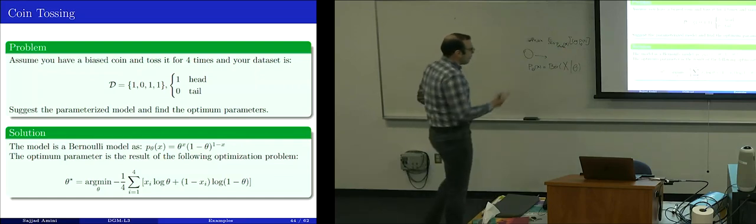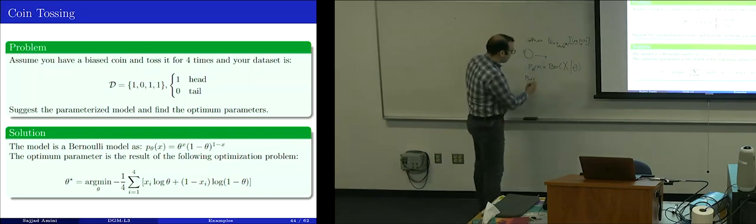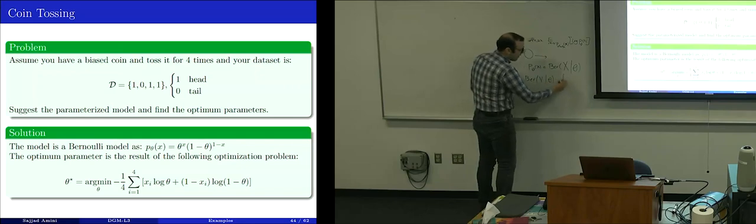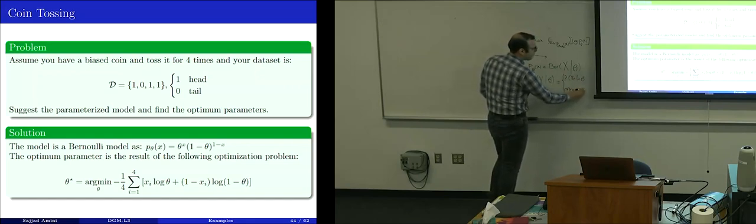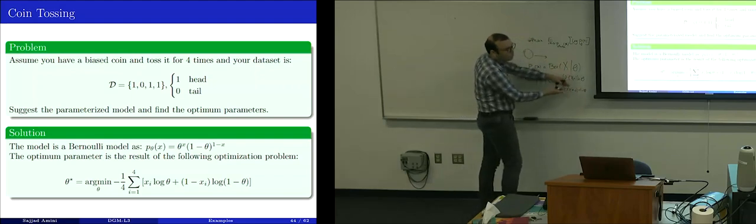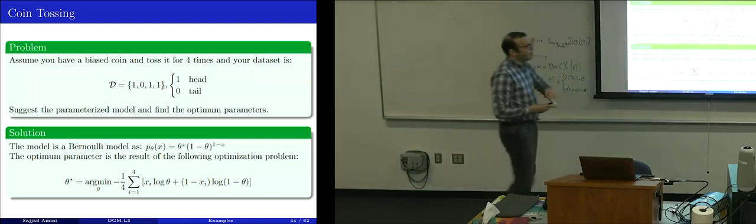But one important point about the Bernoulli distribution: usually we talk about Bernoulli in this formulation. For example, Bernoulli of x with parameter theta means that the probability of x equal to 1 is theta, and the probability of x equal to 0 is 1 minus theta. You can compress these two terms into one formulation. How?